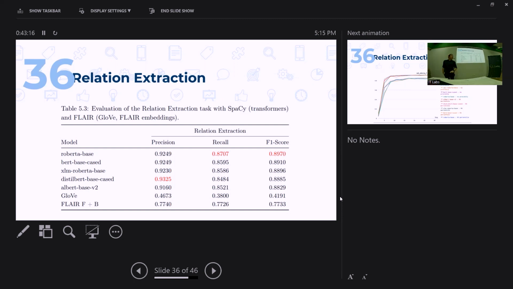It's not random, because it has a lot of relations, but it's not satisfying. We get the best result again with Roberta, and if you measure by the F1 score, the best is Roberta, so we extract the relations best. But DistilBERT is still going well, hand in hand with Roberta.